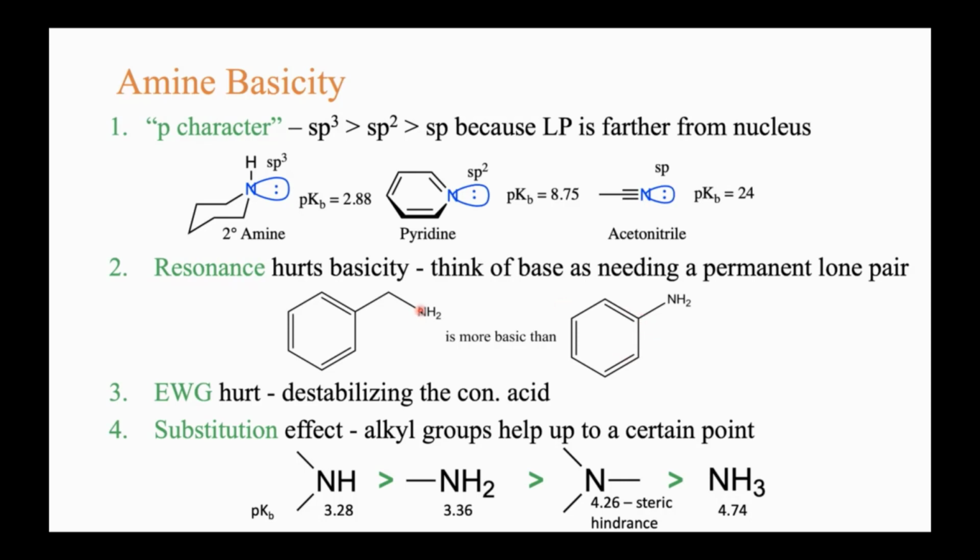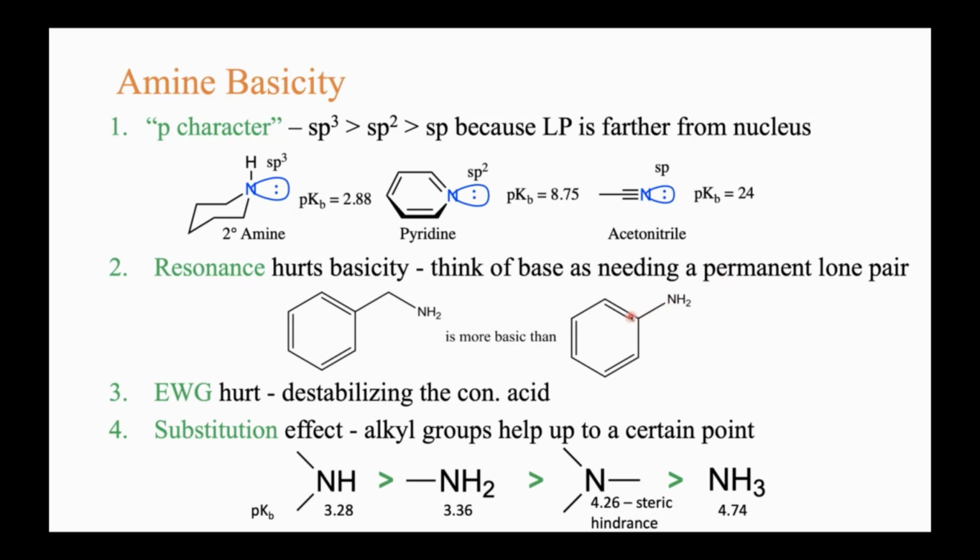Whereas a nitrogen that's not in resonance is going to be more basic because it just has that permanent lone pair. And I know there is another difference of sp3 hybridized nitrogen here versus sp2 hybridized nitrogen here, so that kind of blends in with the p character again. But just think that resonance hurts basicity because you need a permanent lone pair.